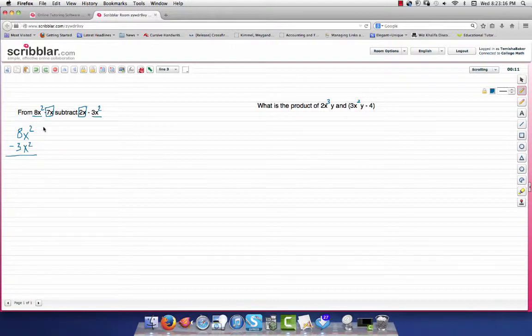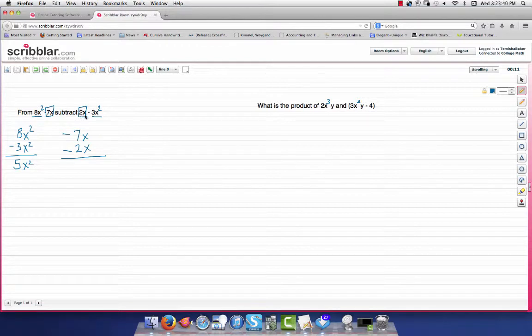Okay, so you could just think about this as 8 apples minus 3 apples makes 5 apples. Okay, and then the other ones that we have, we always take the sign that's in front of it. Minus 7x. And we're going to subtract 2x from it.